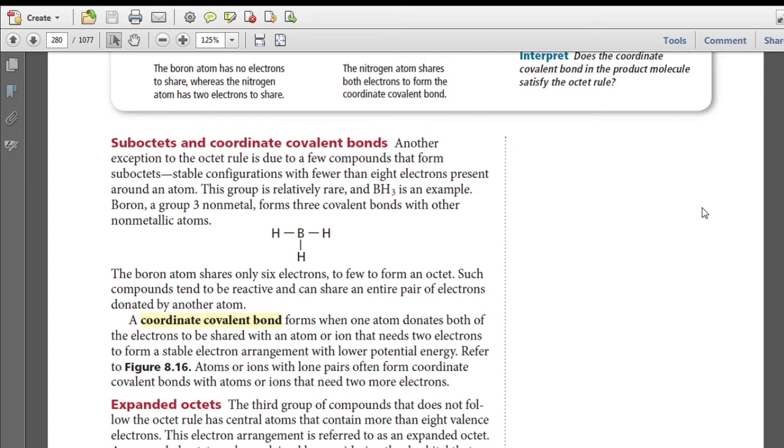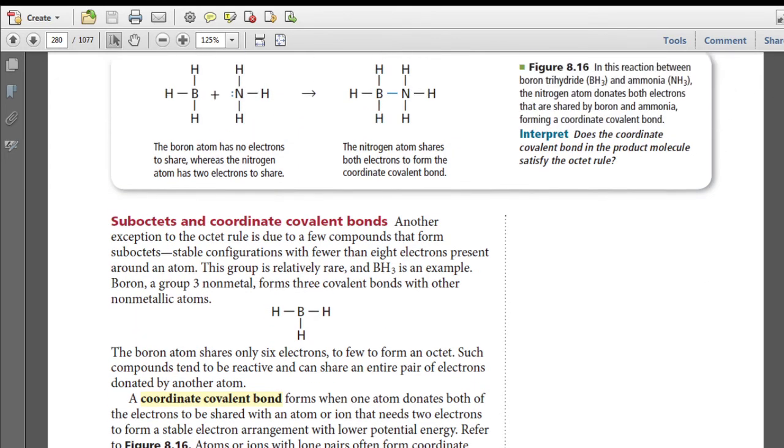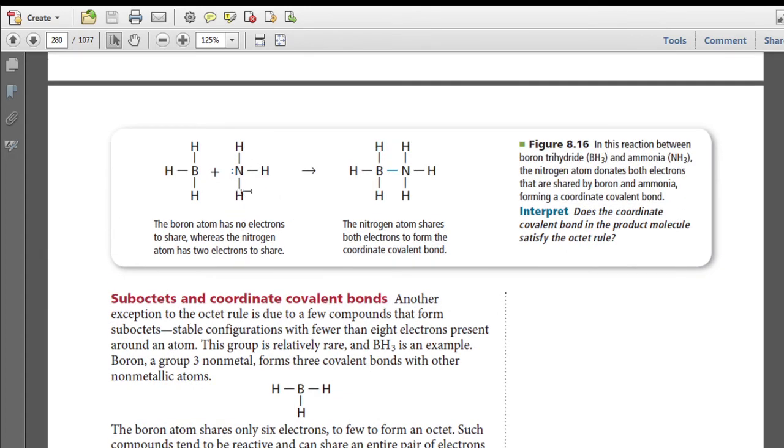So if we look at 8.16, I think that's a good example. Here we have ammonia, NH3, and BH3, and what can happen is that a coordinate covalent bond forms when nitrogen's lone pair of electrons is shared with boron.